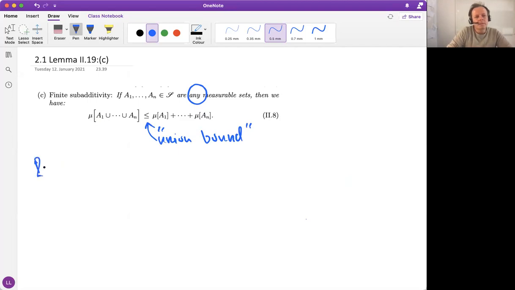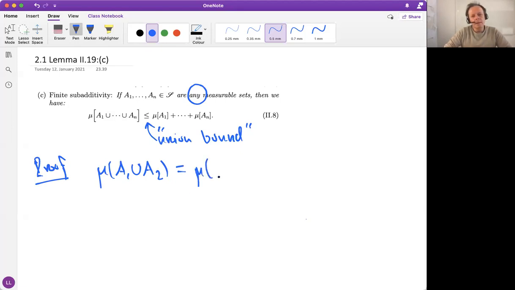Why is this true? There are maybe different ways of proving it. What would be the easiest thing? Let's just look at two sets, A1 and A2, first. We can write this as the union of A1 and then the set where we only add points which are not already in A1.